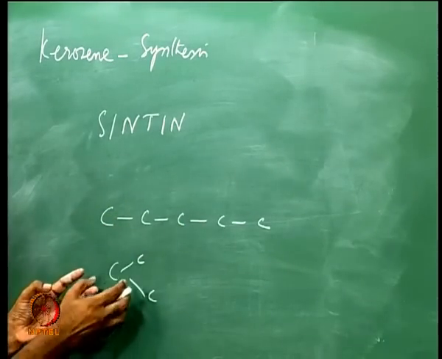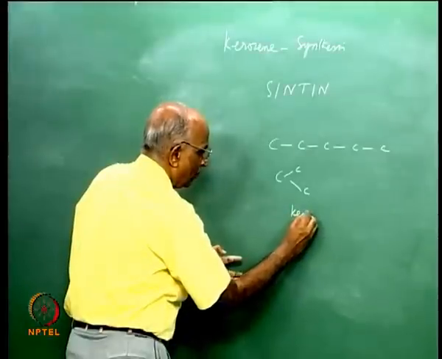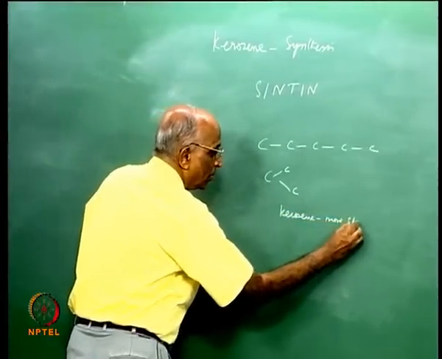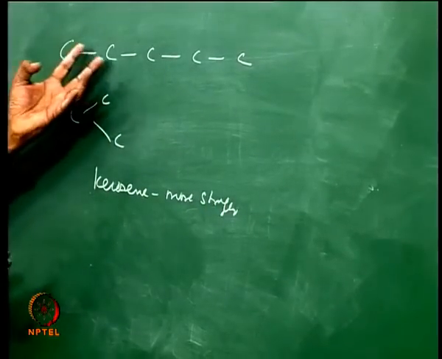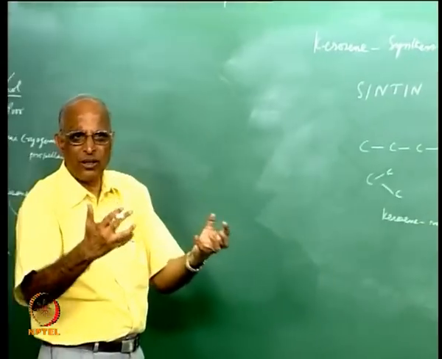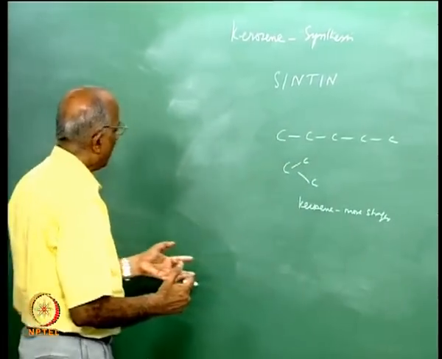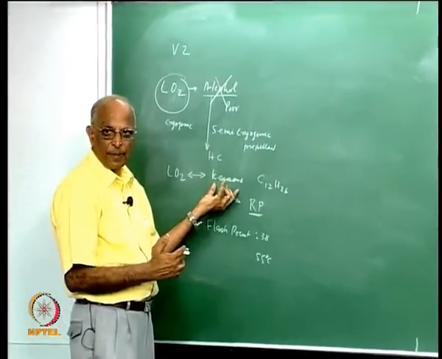That means I change the bond characteristics. I can make kerosene even more energetic, and work is going on on how to put energy through the bonds. We will not consider that, but suffice it to say that one of the liquid propellants used is liquid oxygen and kerosene.